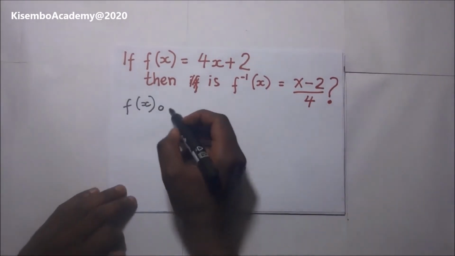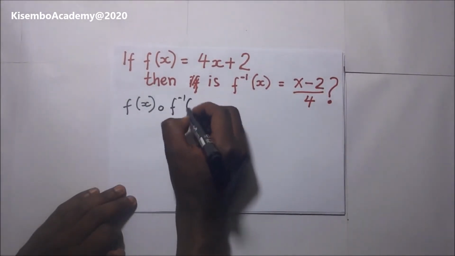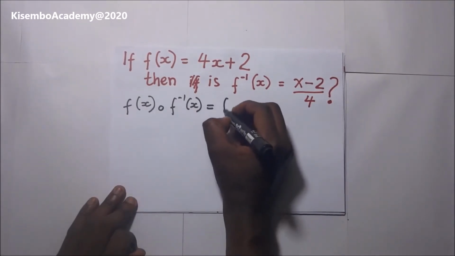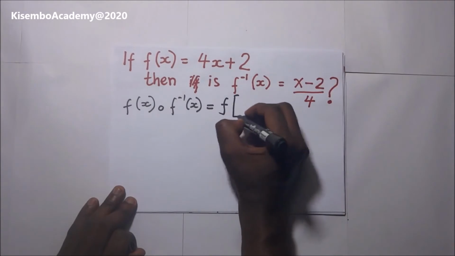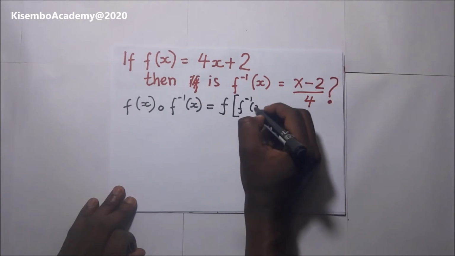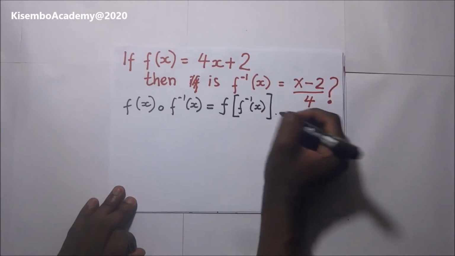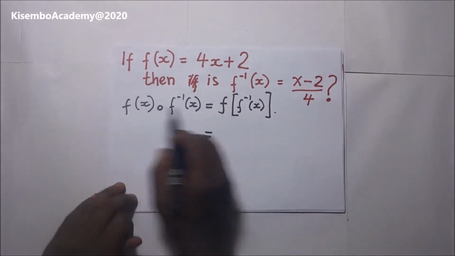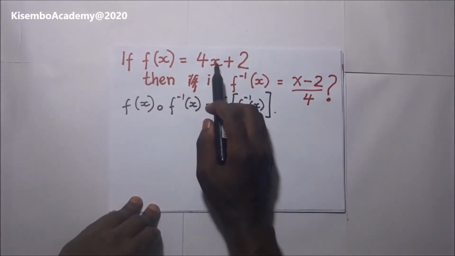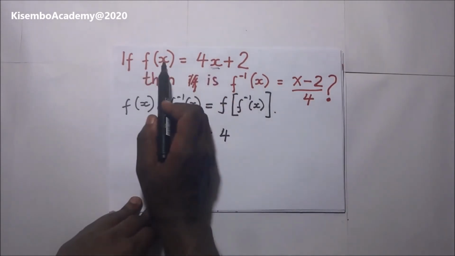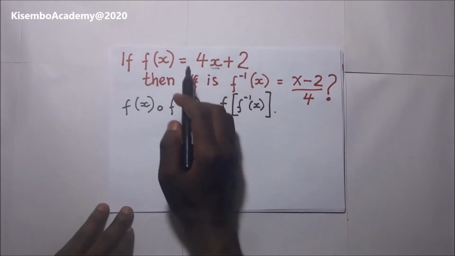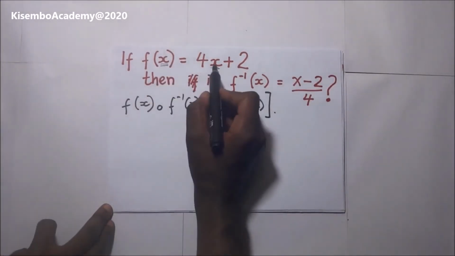So f of x composed with its inverse is interpreted as the function where the input is its inverse. We know that f of x is 4x plus 2, so this is going to be 4 times the inverse plus 2, because in the place of x we are going to put the inverse.